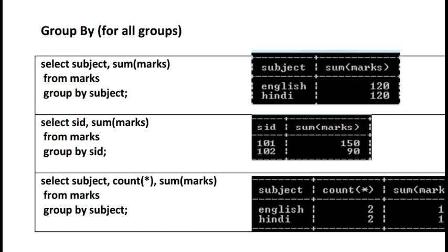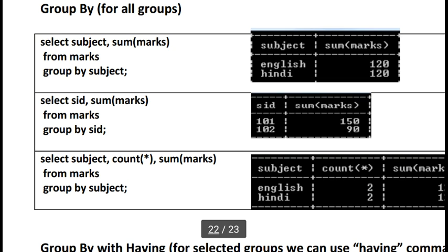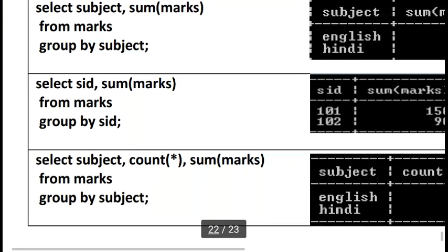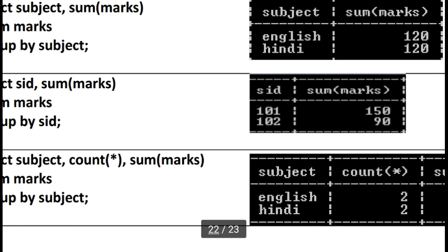Okay, now we will take another example. Select SID, sum of marks from marks table and group by SID, on the ID basis. Okay, here we can say the student ID 101 scores total marks 150. 102 student scores total 90 marks.